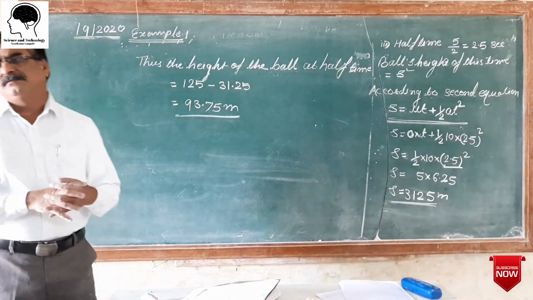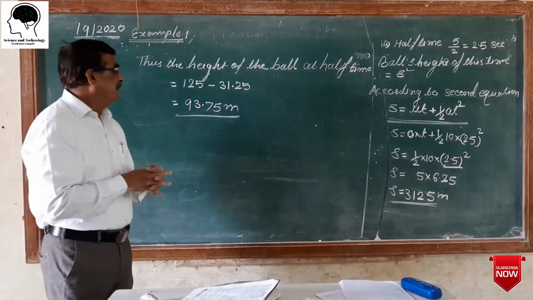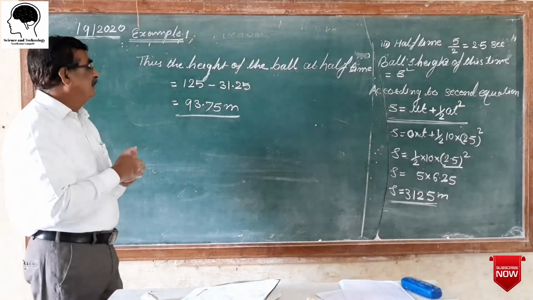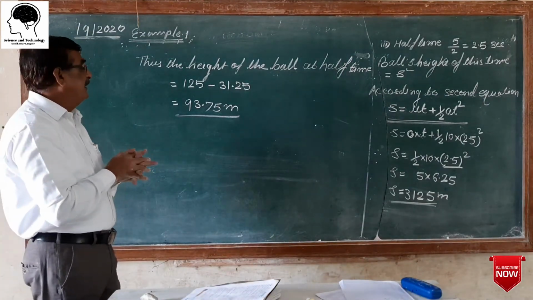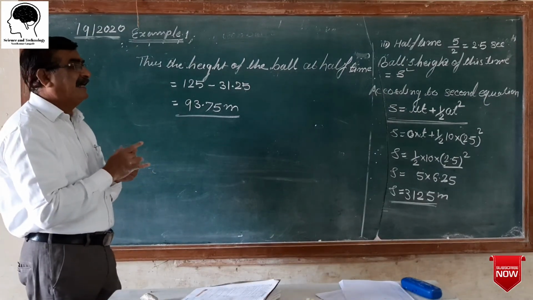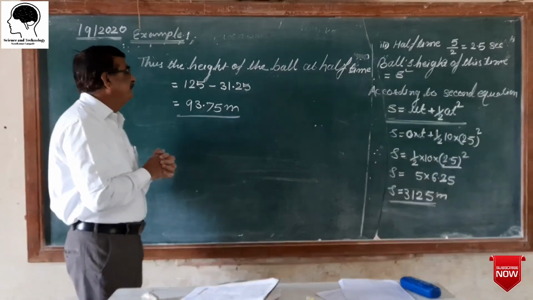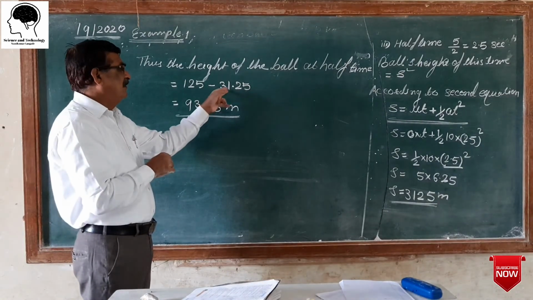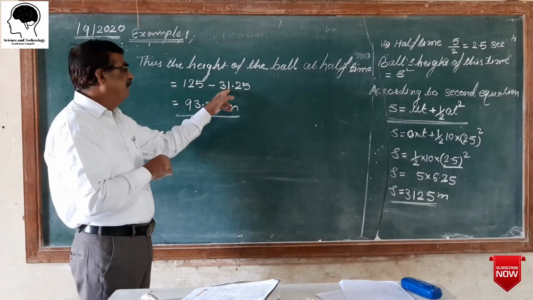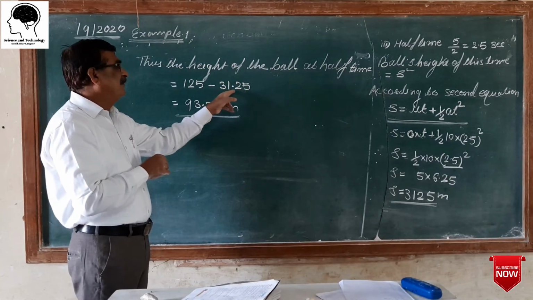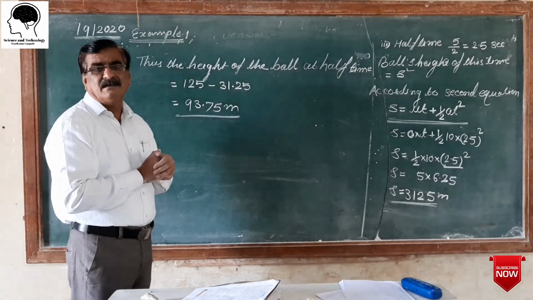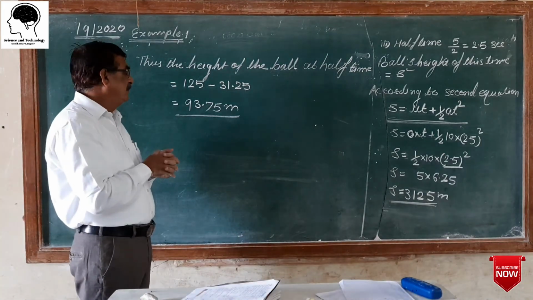Time is half. Here, the distance, meaning the height covered by that ball within the first half time, was 31.25 meters.